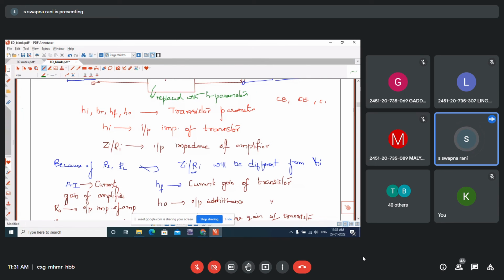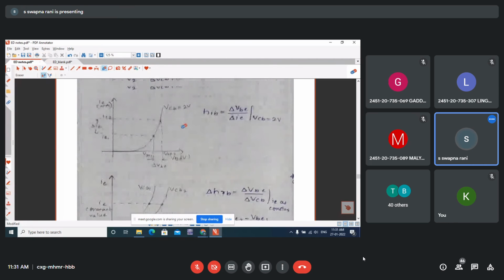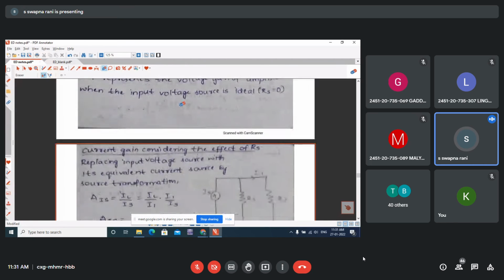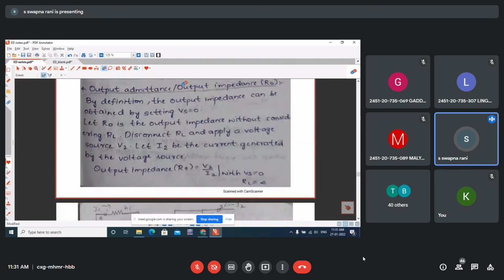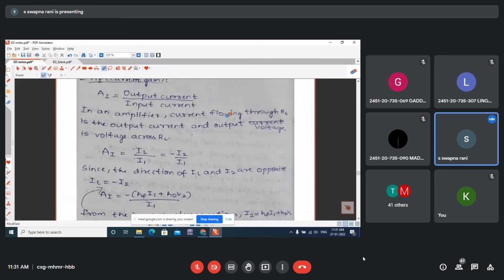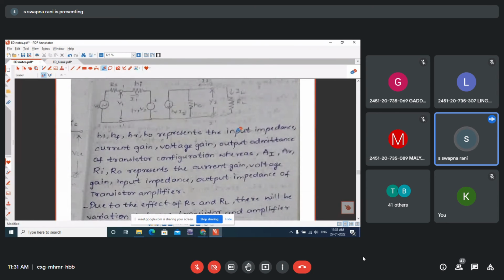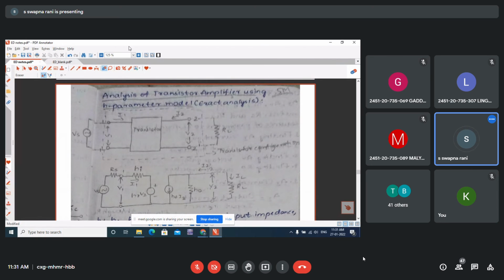In the next class, very important, we are going to derive the amplifier current gain in terms of H parameters, amplifier voltage gain, amplifier input impedance and amplifier output impedance. This is the same circuit I have drawn.